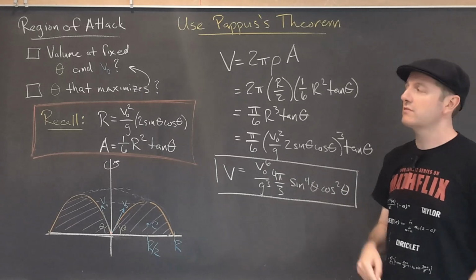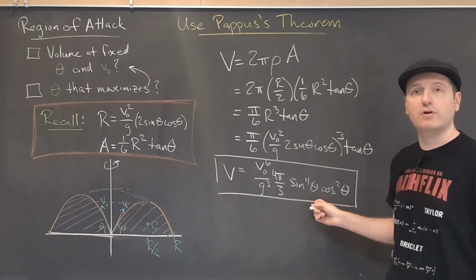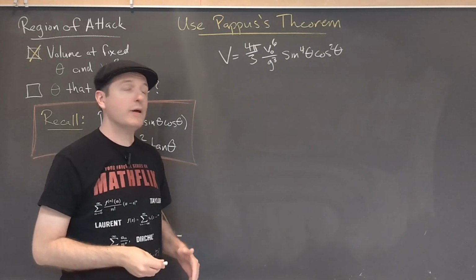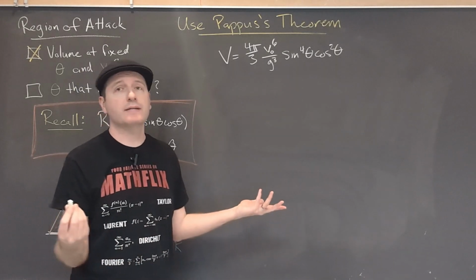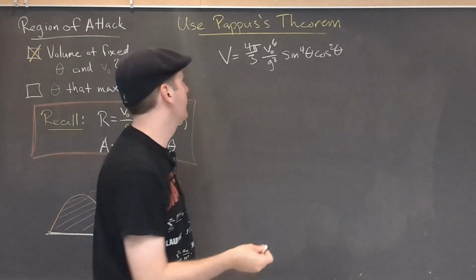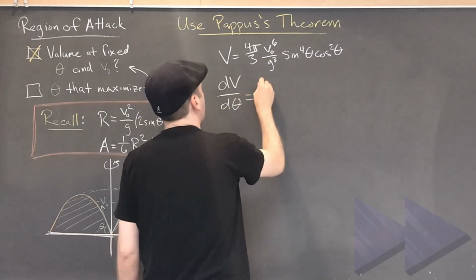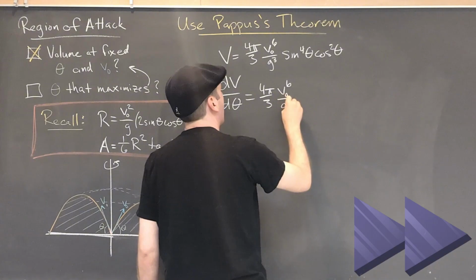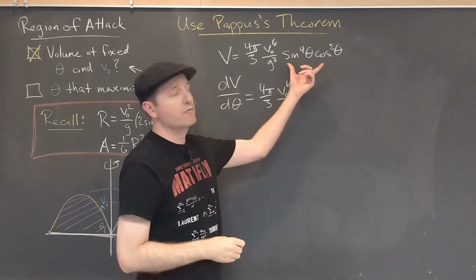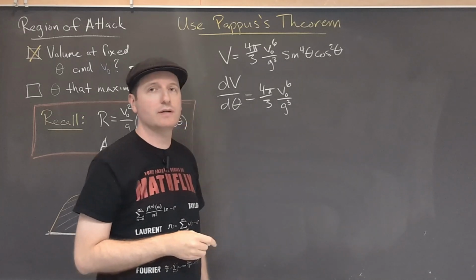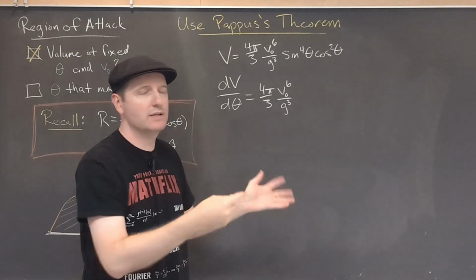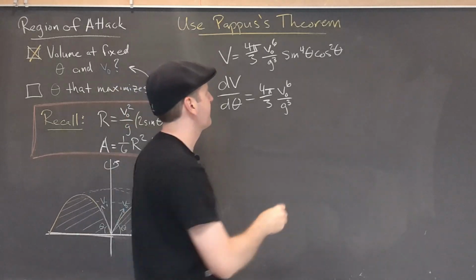So now let's work out what angle maximizes this volume. Okay, so now we have our volume as a function of theta. Let's maximize it. Take the derivative, set to 0. Notice here that we'll need to use the product rule. We could also rewrite, say, cosine in terms of a sine and have only one trig function, but let's just go ahead and use the product rule as is.